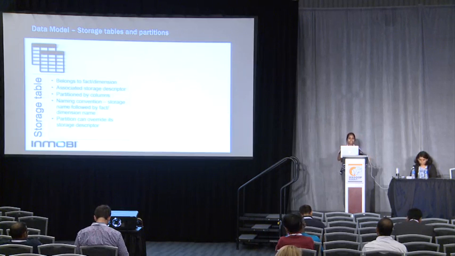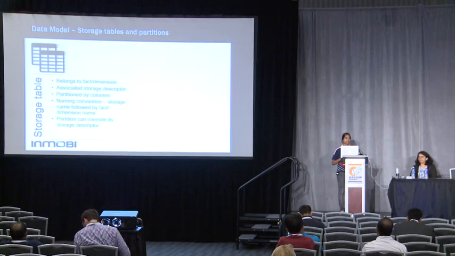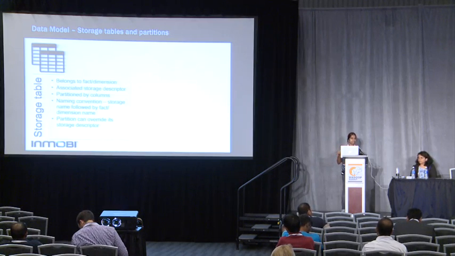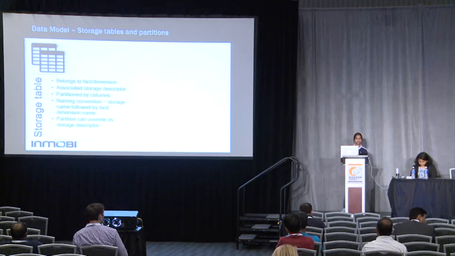For example, here I am defining one storage table which is for aggregate fact 1, and which is stored as RC file. Or I can have another storage descriptor which says it is stored as a text file or ORC file, things like that. And a storage table will be partitioned by columns.